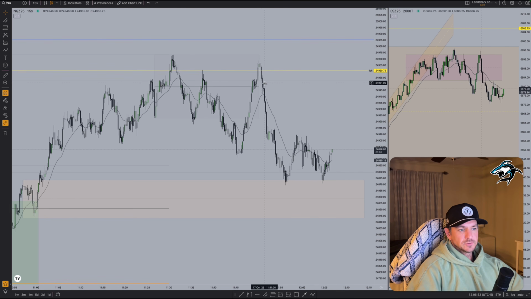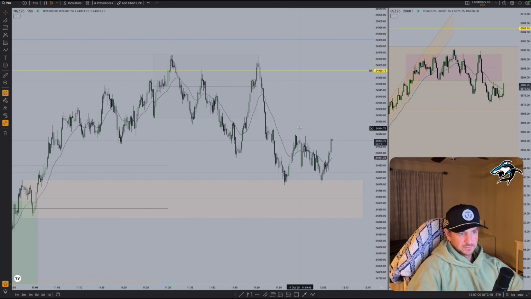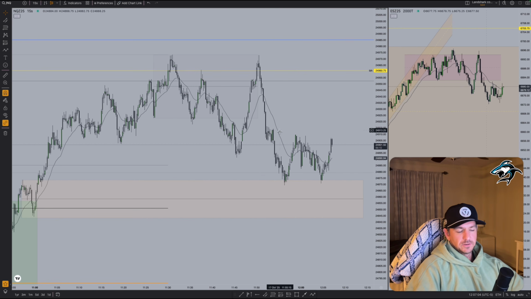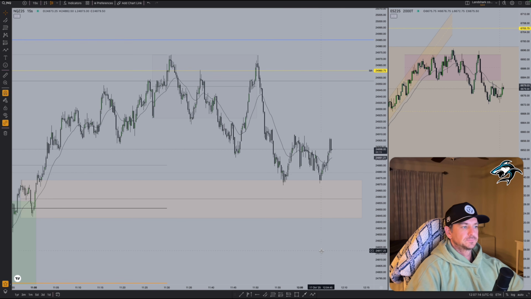But if we got in short in this area, looking to make sure we definitely trim off here, because this could happen. Or if you're holding your runner, don't necessarily hold your runner without taking some profit on it and trailing it once we got here, because we could bounce.